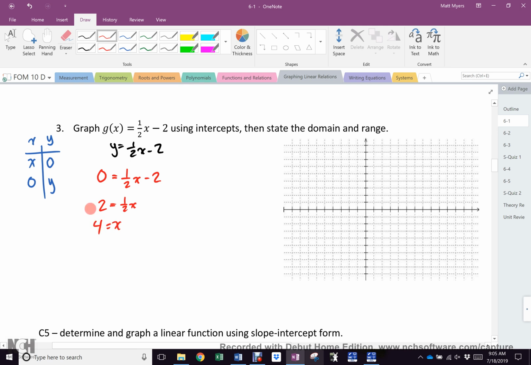X equals 4. What letter do you see there? So what can I write there? 4. Then the other one, y equals 1/2 times 0 minus 2. Y equals -2. What do you see there?